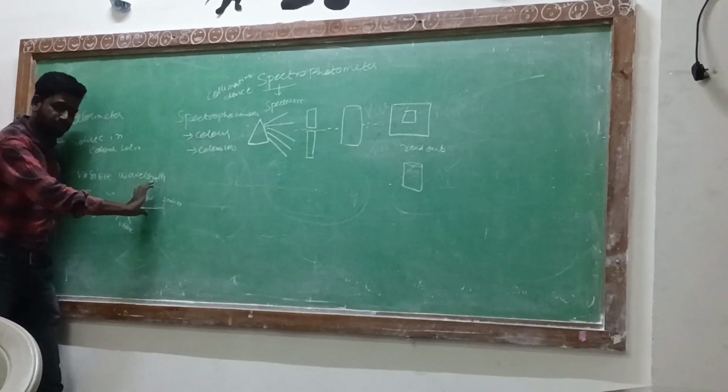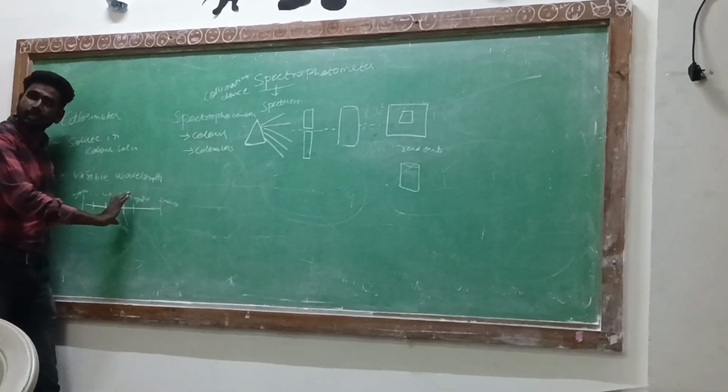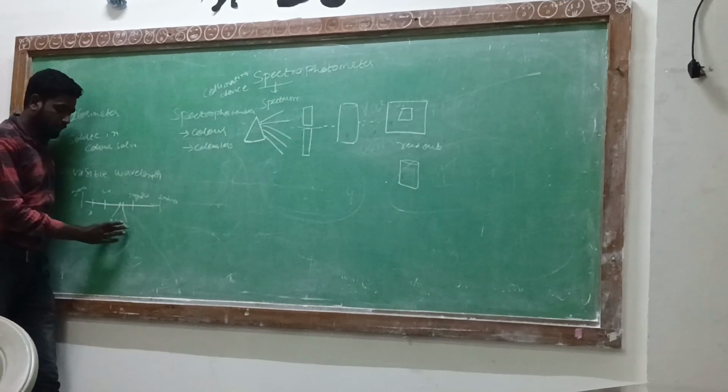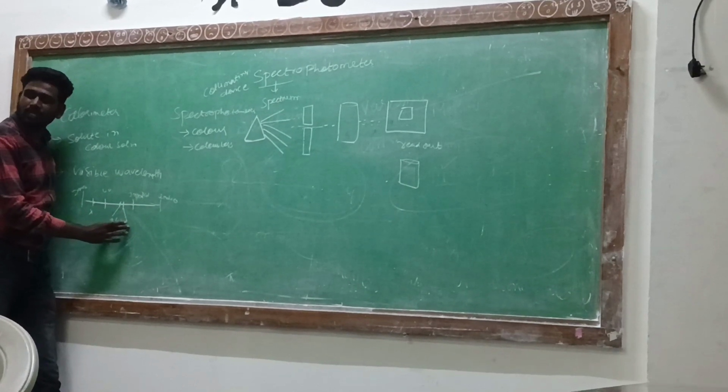If you see the spectrum scale, the other wavelengths also exist, but the colorimeter will only take the visible type of spectrum.